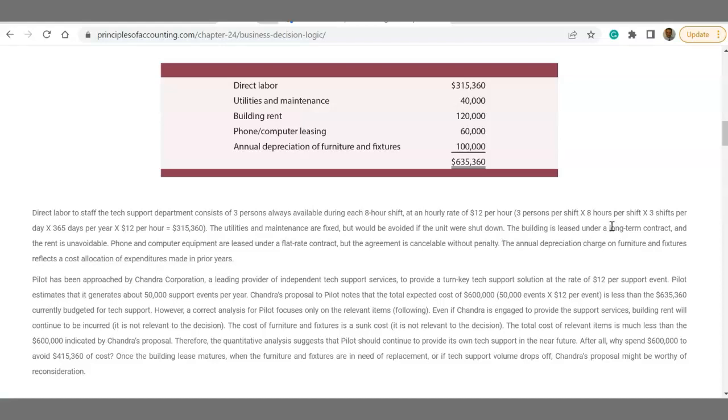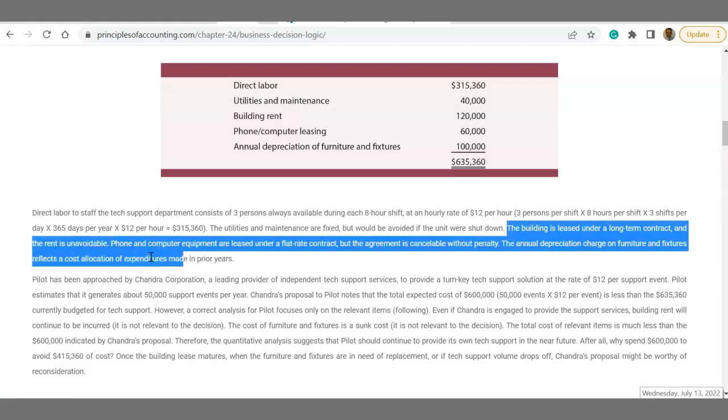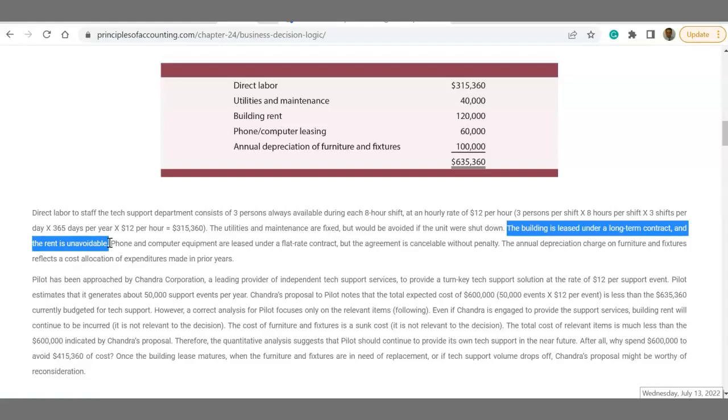The utilities and maintenance are fixed, but would be avoided if the unit were shut down. The building is leased under a long-term contract and the rent is unavoidable. That's important. Sometimes you see a business that doesn't look like it's doing good, but it is still open.